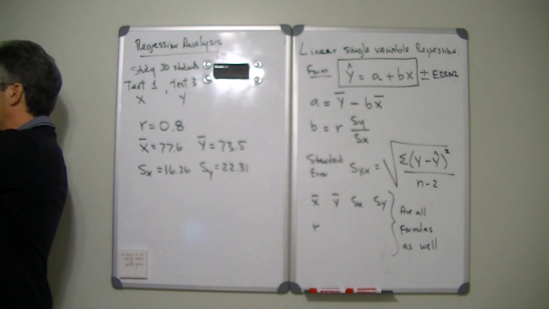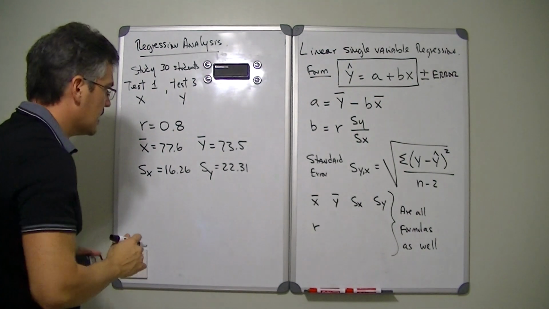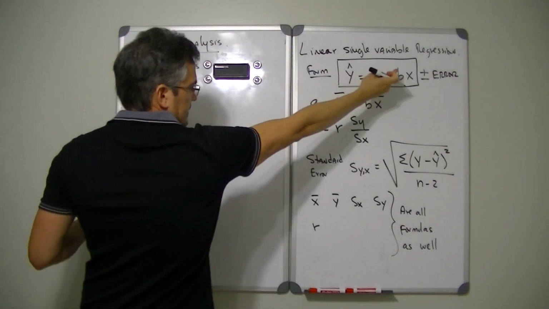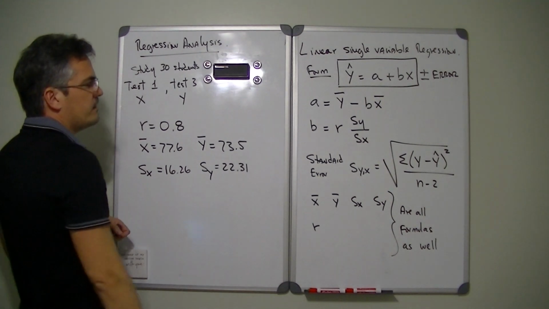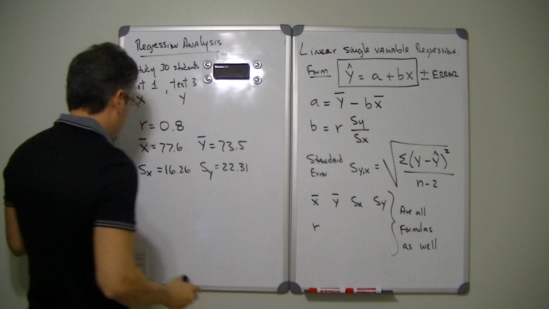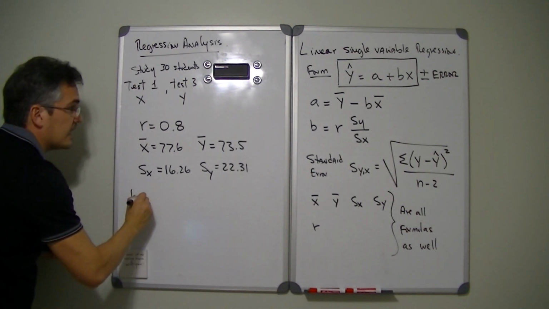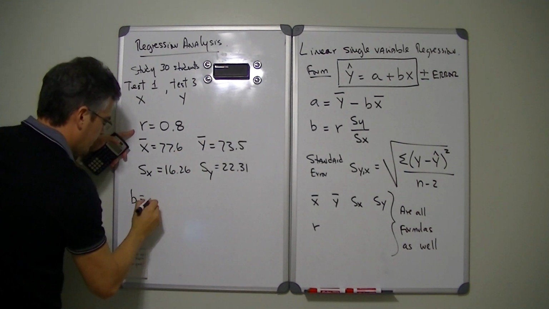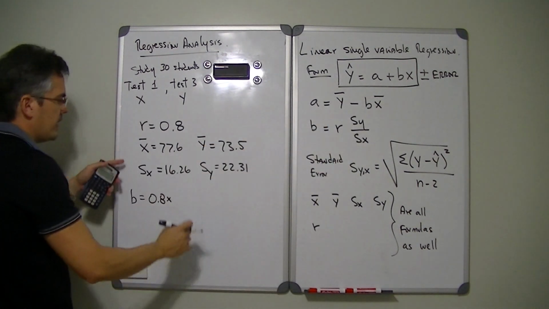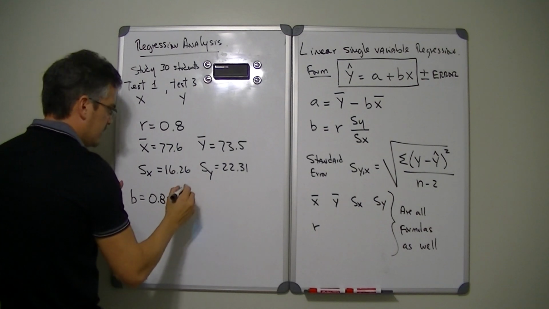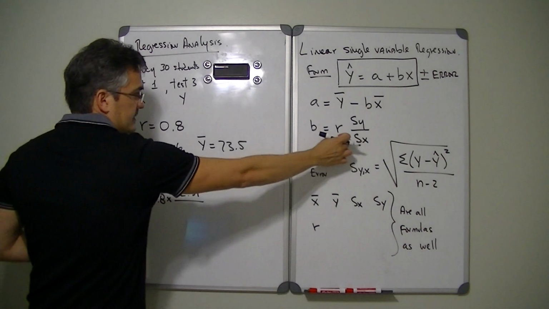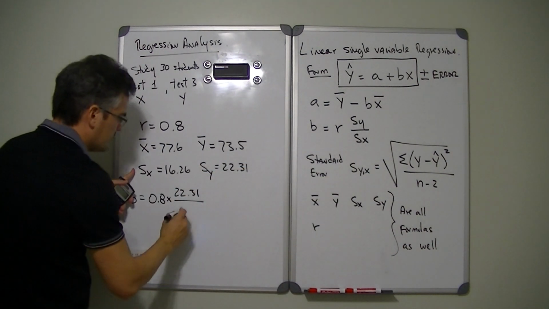Let me get my trusty calculator here. Alright? Now the form of the regression we already have. So that's the type of regression that we're going to be building. Now to find b and plug it in there, I need to do that calculation. So to find b, I got to do r, which is 0.8, and then multiply that times sy, which is the standard deviation for test 3 in this case, and then divide it by sx, which is the standard deviation for test 1.